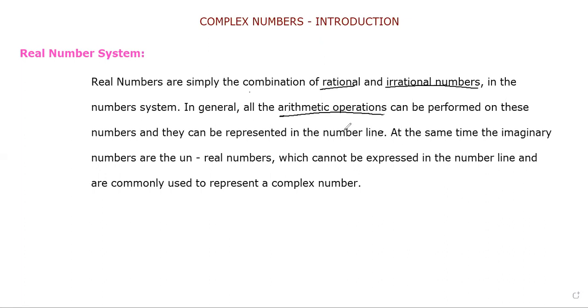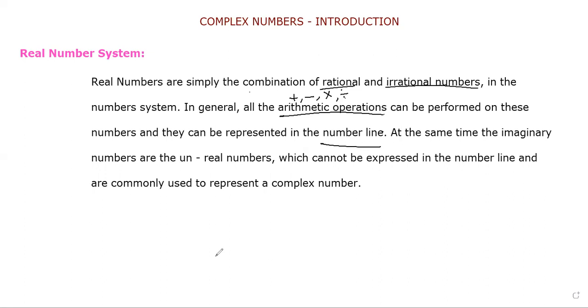Arithmetic operations means addition, subtraction, multiplication, and division. These four are called arithmetic operations, and they can be performed on these numbers and they can be represented on the number line. We also learn about the number line. So this is the definition of the real number system.